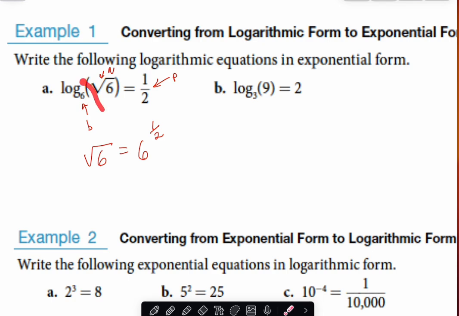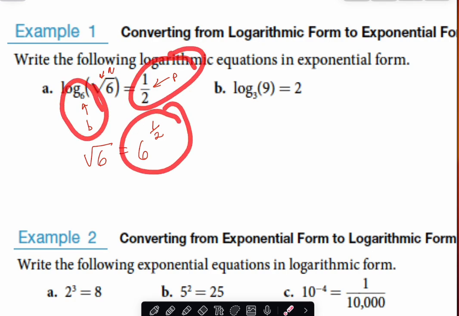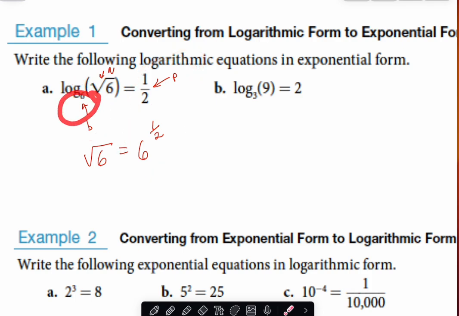This is our base, this is our power, and this is the number that it's equal to when we put it back together. Now, if we do the same thing for b, this is our base. We would say that's log base 3 of 9 equals 2. The answer is the power. The number 9 is equal to a base of 3 with a power of 2.